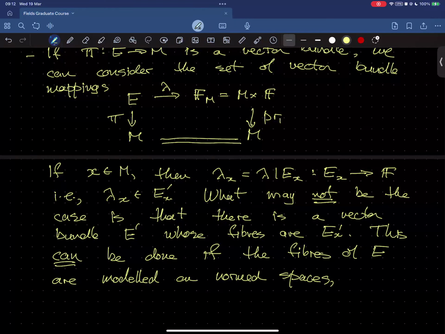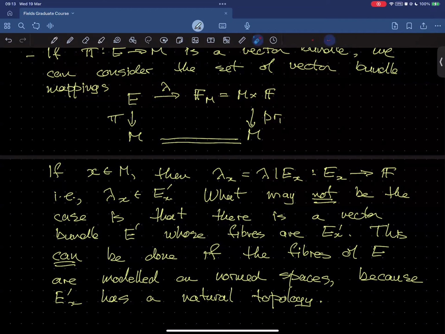And the reason that this works for normed spaces is that for normed spaces, there's a natural topology for the dual, namely the operator norm topology, which is locally convex. Okay. All right, so the dual bundle is problematic. The dual bundle being the bundle of the duals.